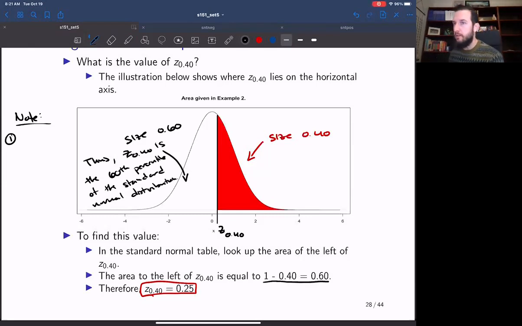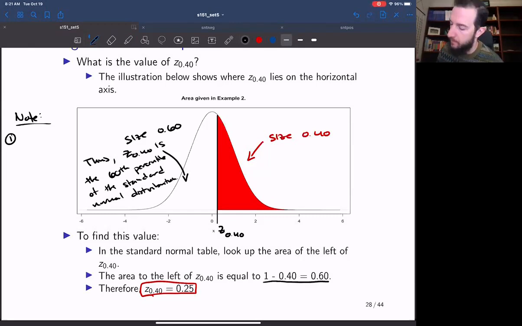So this is another reason that students get confused with the notation. Again, the Z subscript notation is always giving us area to the right, always, no matter what. But when we are asked to find percentiles, we're being asked for areas to the left.